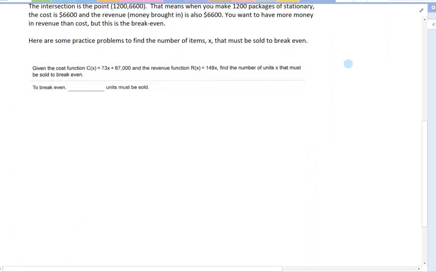All right, now I gave you that whole background, but solving these problems is really not going to be that challenging. Here is an example. These will be in your homework. It says, given the cost function, now even though it says C of x, I'm changing it to y. Y is equal to 73x plus 87,000. And then I have a revenue function, but I'm calling that y also.